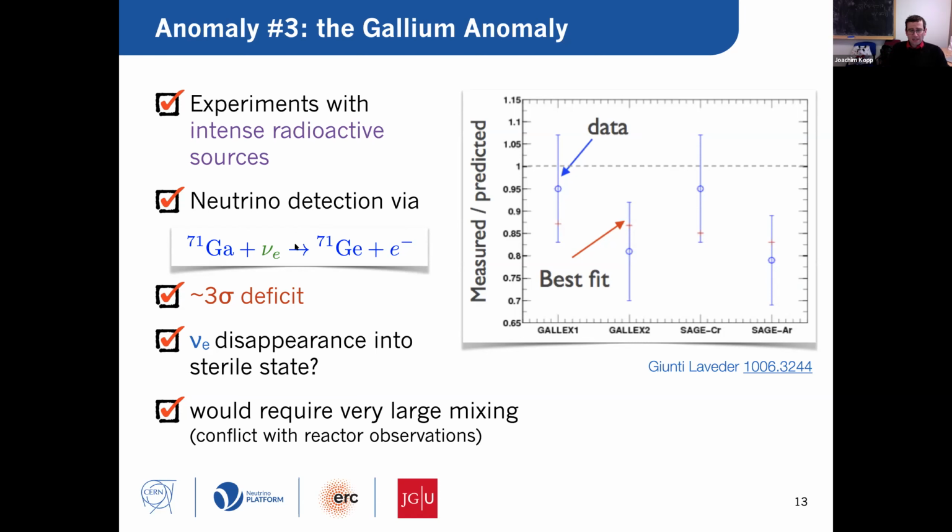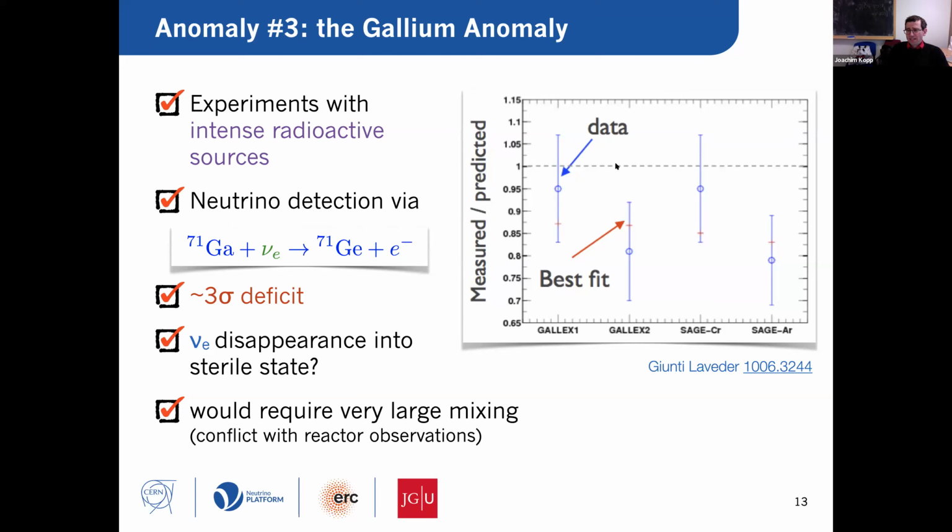So a reaction that has sometimes been used is this one here, an electron neutrino captured on gallium-71, converting that nucleus into germanium-71 and an electron. You have a detector that contains gallium-71, you let it sit there for a while, and then after some time, you extract maybe a handful of germanium nuclei that have been produced inside the detector. That sounds like a search for a needle in a haystack, but it can be done.